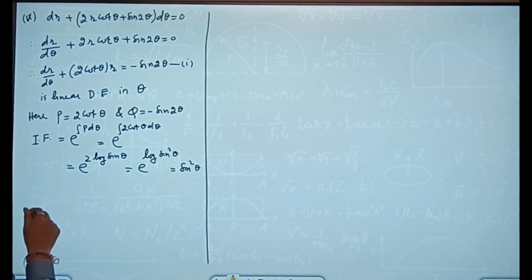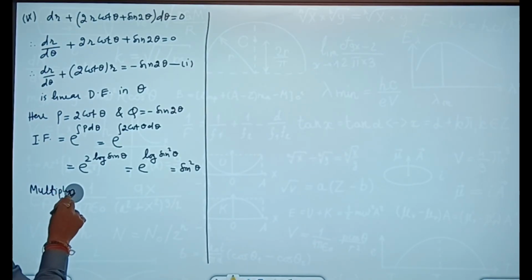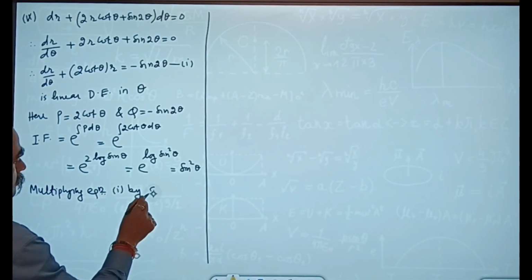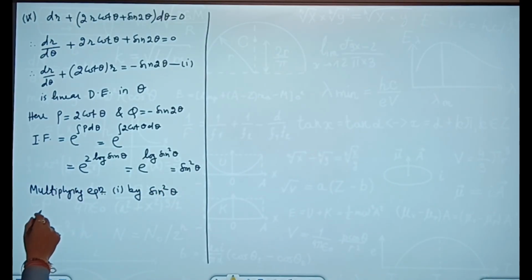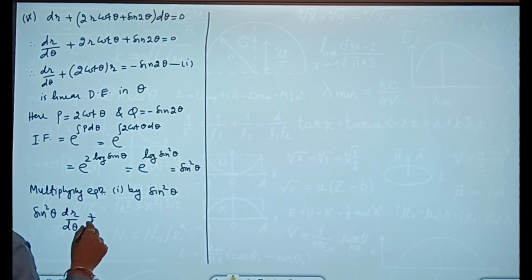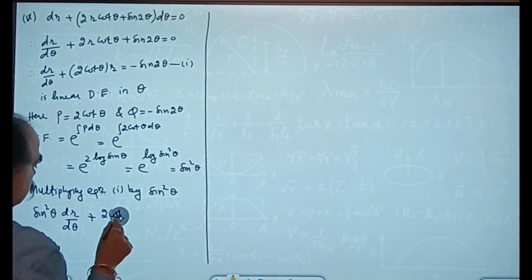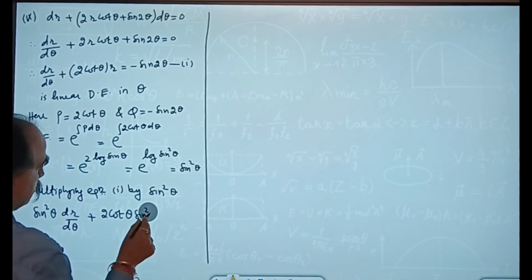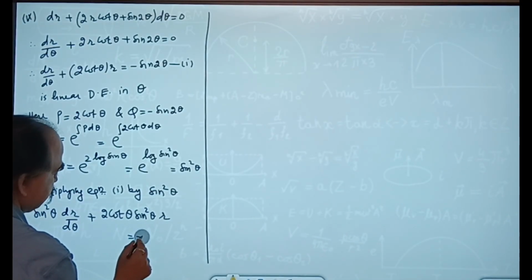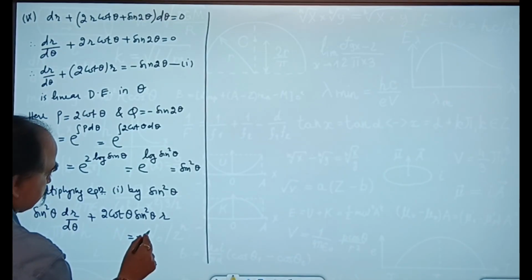Multiplying equation 1 by sine square theta, we get sine square theta dr by d theta plus 2 cot theta into sine square theta into r is equal to minus sine square theta sine 2 theta.